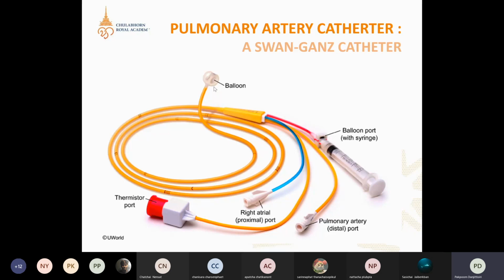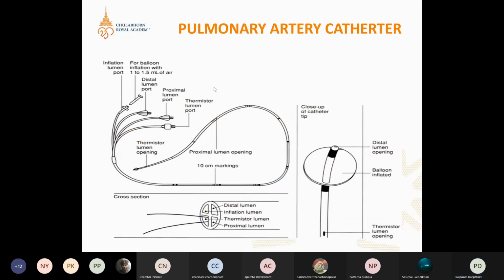I'm going to tell you again later, okay? This picture I just want to show you the structure and the shape of the Swan-Ganz catheter.